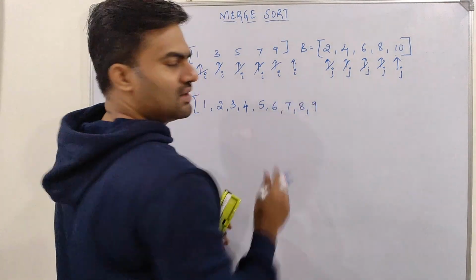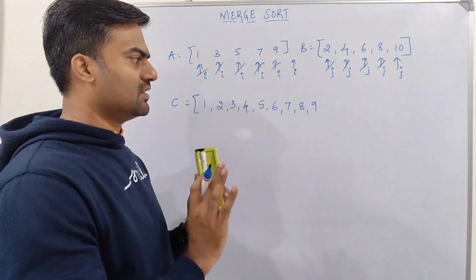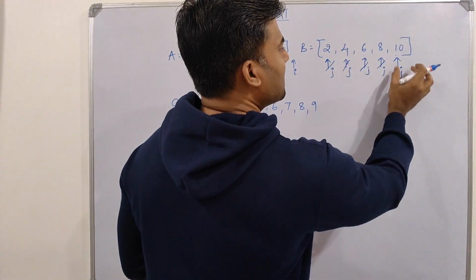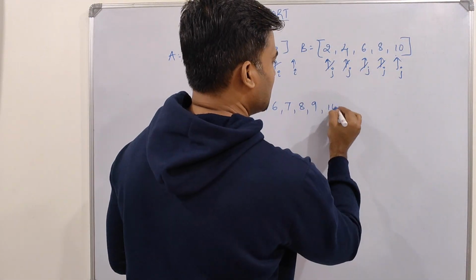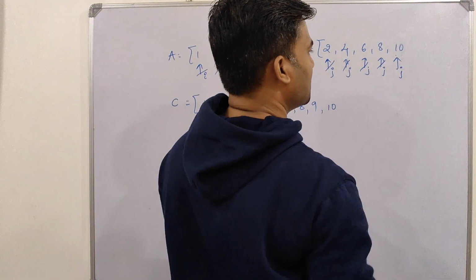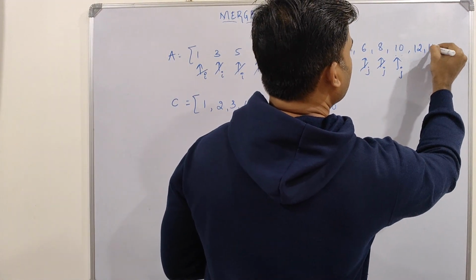So I points outside. When any one of the pointers points outside of that particular array, then I'll stop and simply copy the remaining elements. The remaining element is this one, which is 10. Assume there are more elements here, say for example 12 and 14.